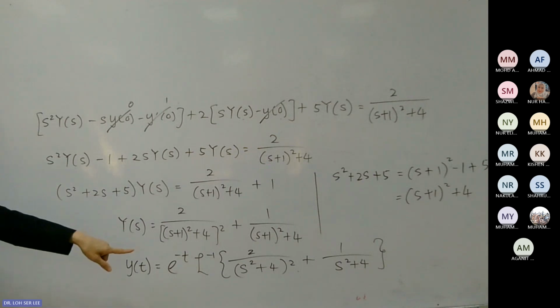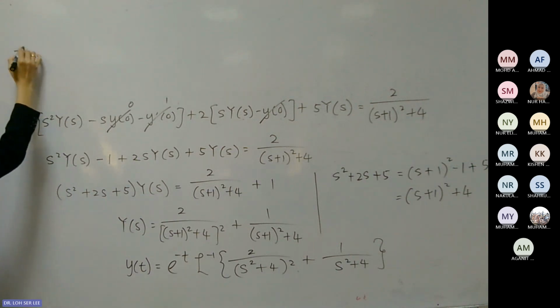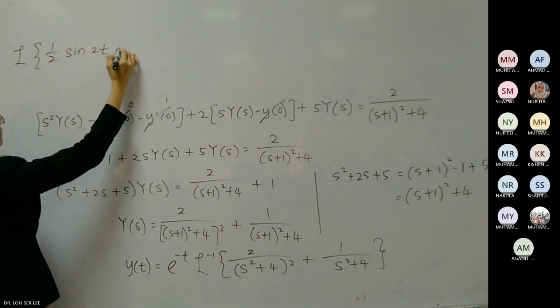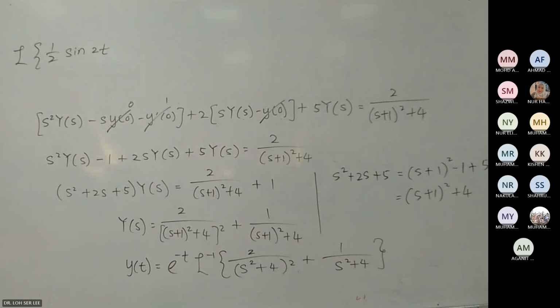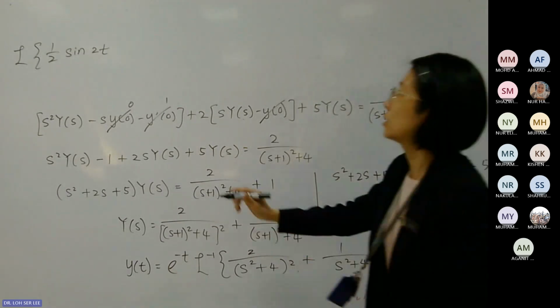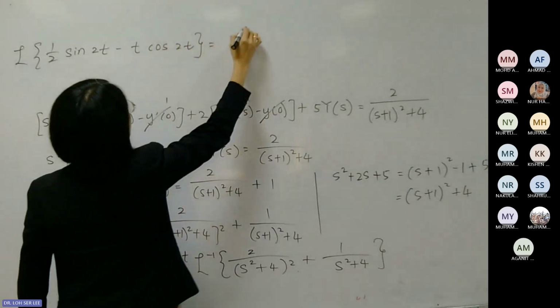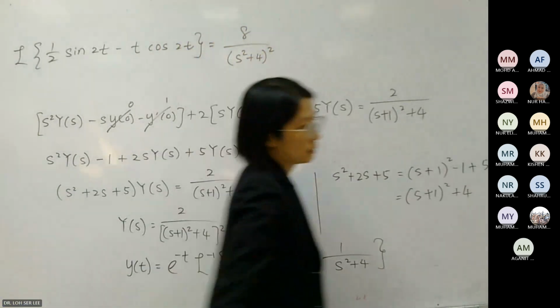But do you still remember the result from part A? What do you have from part A? From part A, you have this, minus t cos 2t, equals to this one.